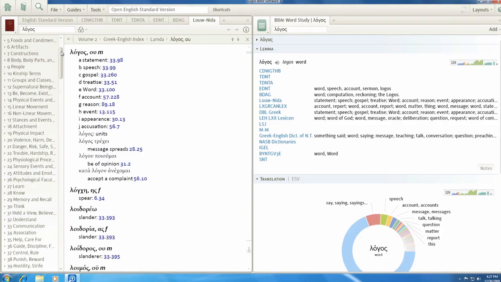And right away, you can see that the organization of this lexicon is different from the ones that we've previously seen. In the table of contents pane over here, we're used to seeing Greek words arranged in alphabetical order. But in this resource, they're organized by semantic domain.